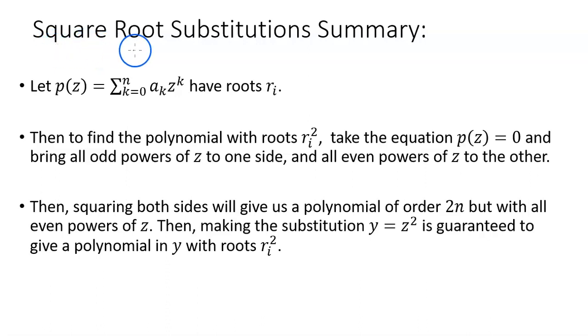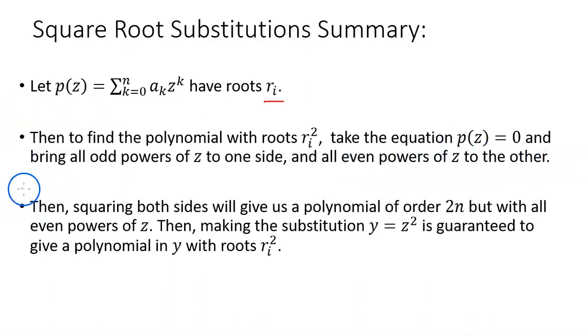So just to summarize here, in case you hated all the other stuff and it was just a big confusing nightmare, let p of z equal the sum from k equals 0 to n of ak z to the power of k, and it has roots ri. Then to find the polynomial with roots ri squared, you can take the equation p of z equals 0 and bring all the odd powers of z to one side and all the even powers of z to the other.